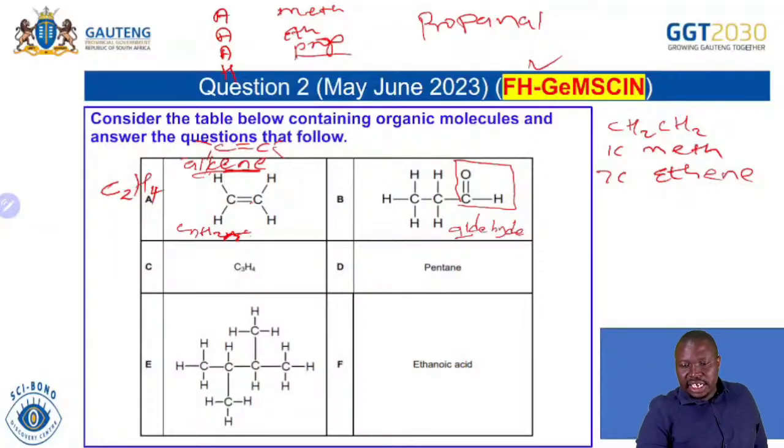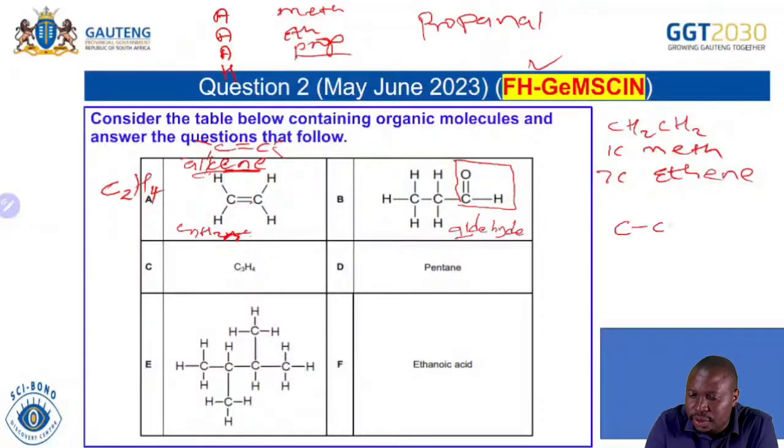Here we have C3H4. If you are given a molecular formula, it's very important that you first draw the structural formula, so that you can see the type of structure that we have. We have 3 carbons, 1, 2, 3, and we have only 4 hydrogens. So I can put a double bond there and a double bond there. How many bonds on that one? 1, 2, 3, 4. Let me check that.